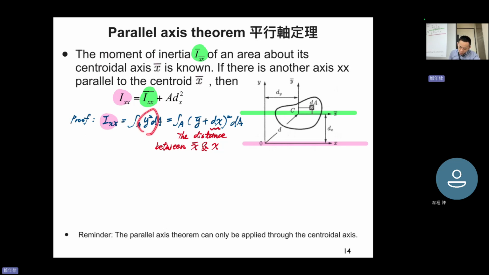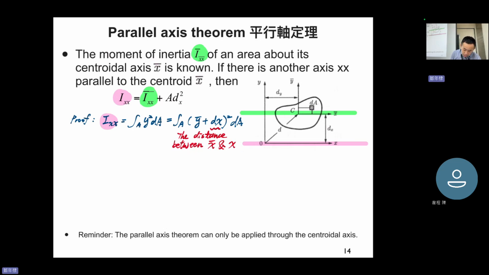Your y squared is actually, if you previously had x bar, y bar, this dA has y bar's coordinates, right? But now, because you change to a new axis, your y becomes this and that. So you need to add one more dx to obtain the new coordinate number.